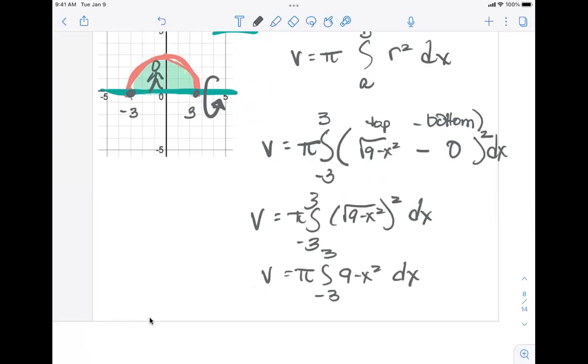And again, you could solve this one by hand with the fundamental theorem of calculus, but math 9. 9 minus x squared dx. So this is pi times 36, which is 113.097. So there you go.